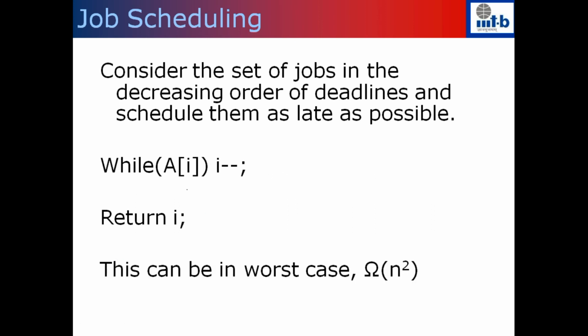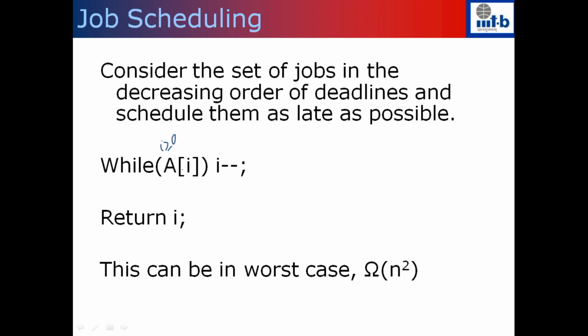So if I have to implement a brute force way of doing it, I have to write some more conditions here. While I is greater than or equal to 0, see if A of I is equal to 1, then I keep going back. When I come out of this while loop, if I is -1, that means that this job cannot be scheduled.